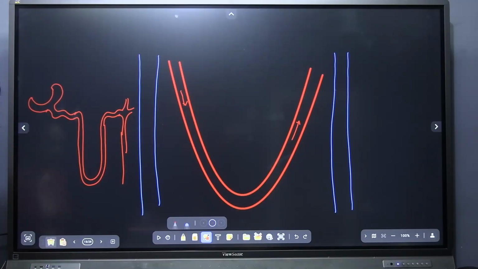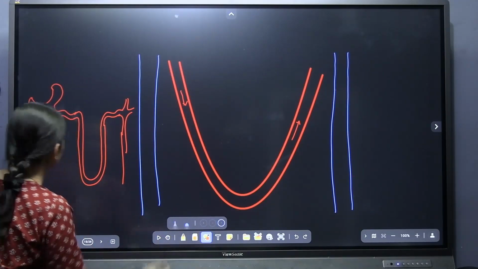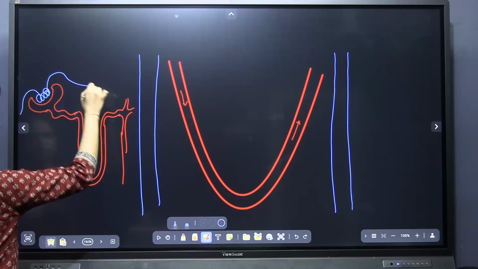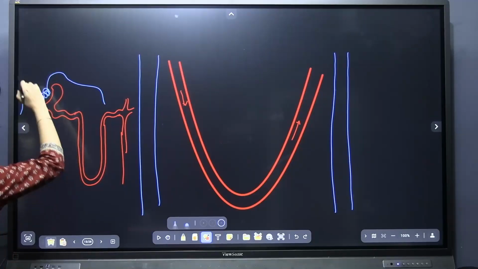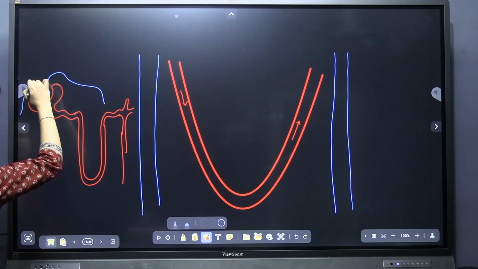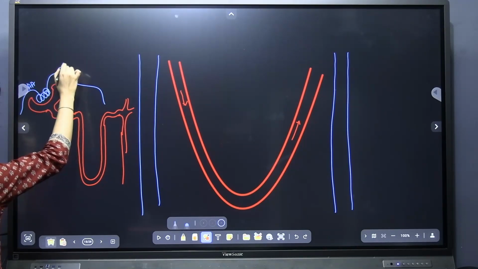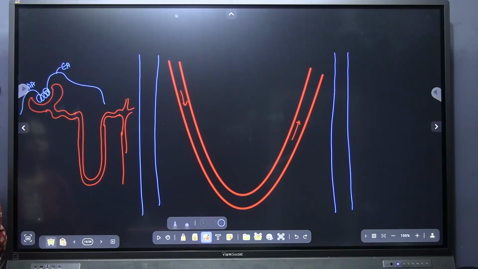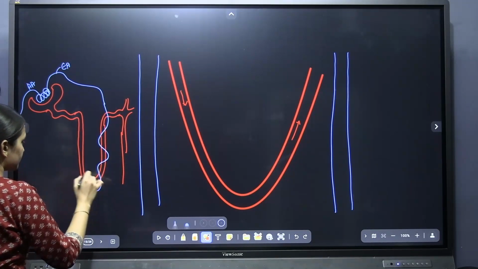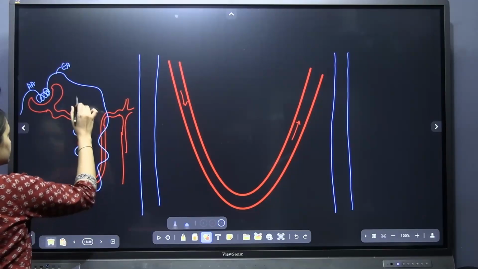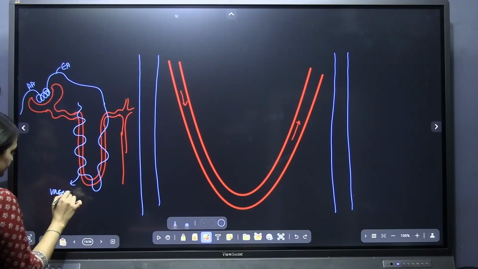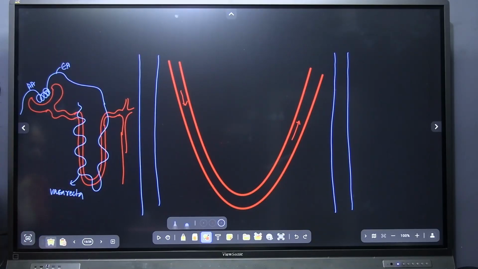This is the nephron, and if I have to draw the blood vessels, this is the afferent arteriole, this is the efferent arteriole. This you can see, this is the vasa recta.